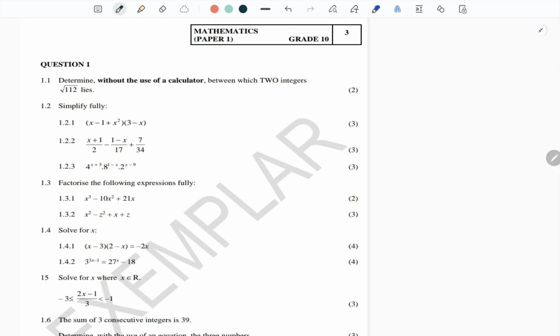Now, for example, the integers are like 1, 2, 3, and another 4, 5, 6. So what they want to know is where this square root of 112 lies, but they want to know it by integers, right? They want to know between which two integers, for example, between 3 and 4. That's pretty much what they want to understand, want to know.